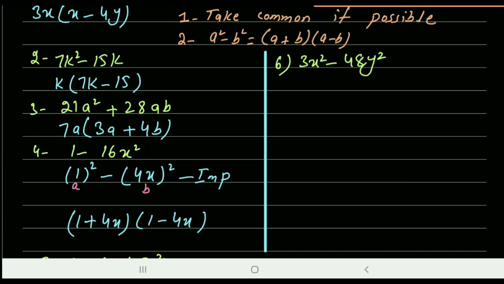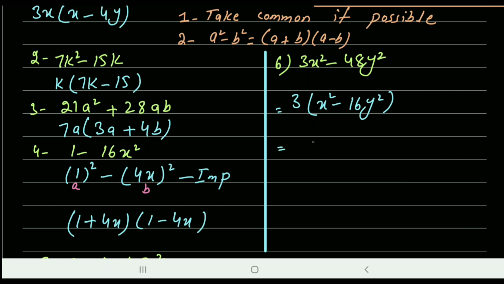Okay, so first of all we have to check whether there is any number common. So yes, 3 is common here, so we will take 3 common. x square minus 16y square is left inside.